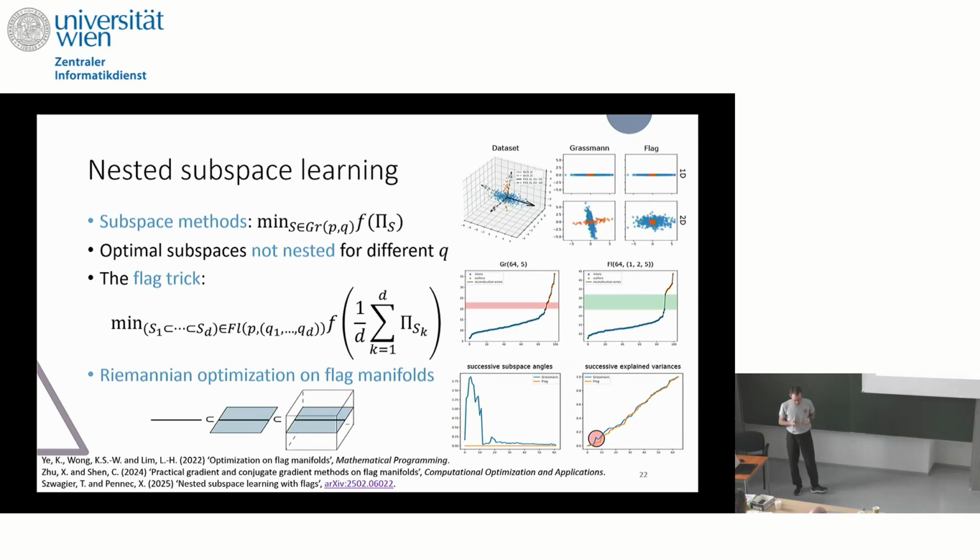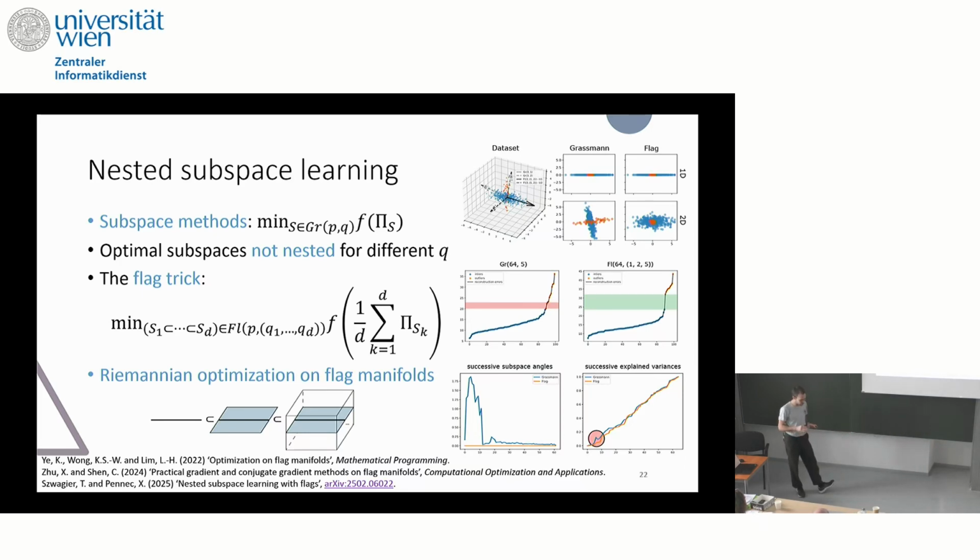And last but not least, I missed a wonderful night at the oldest amusement park in Vienna because of that. It's a preprint that I wanted to put online before this talk. It's called the flag trick, and it's related to what I said before. You have a lot of methods in machine learning that try to look for a subspace that best represents the data. This involves an optimization on Grassmannian manifolds.